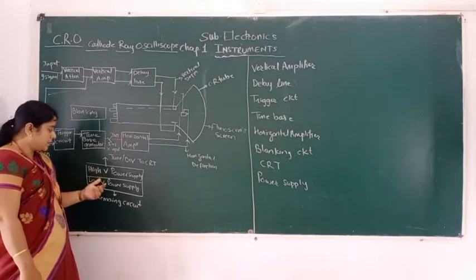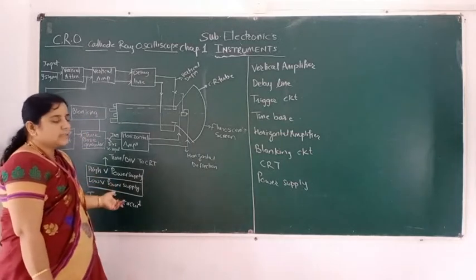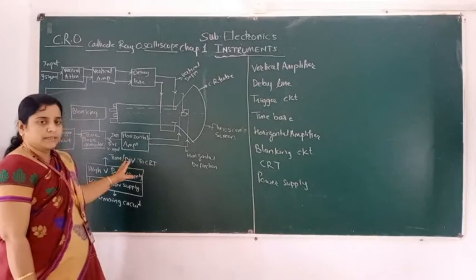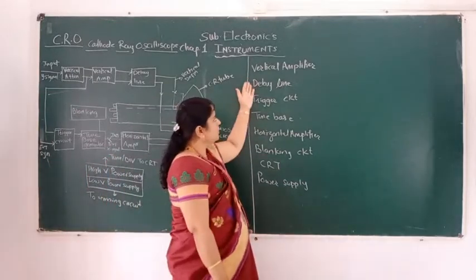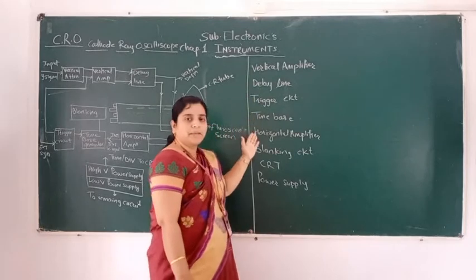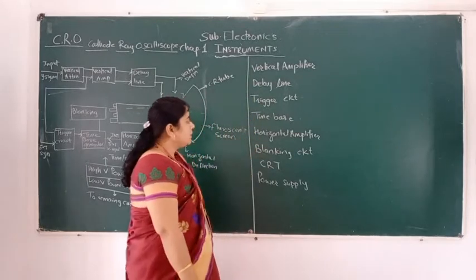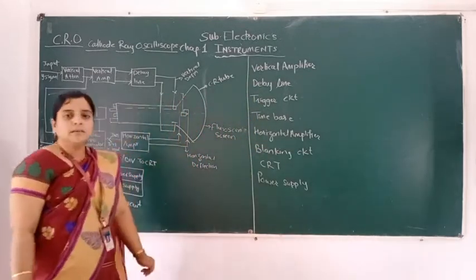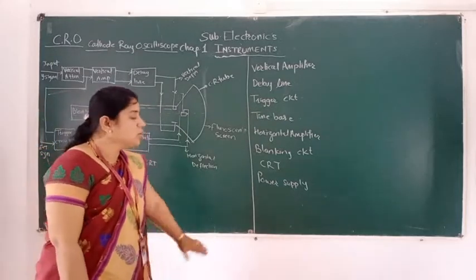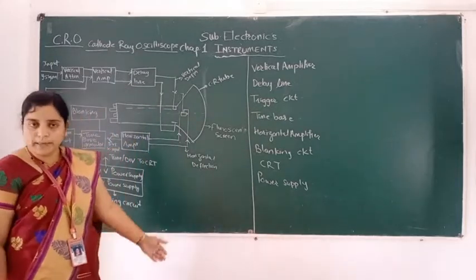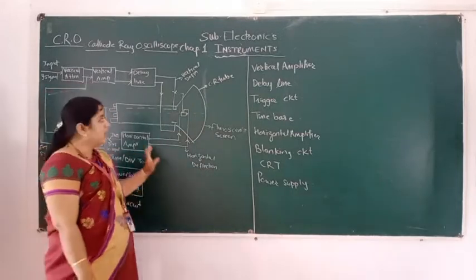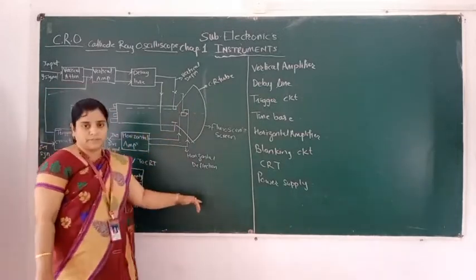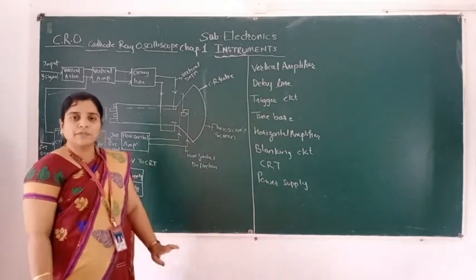Power supply is applied to the circuit. So the points I have written here: vertical amplifier, delay line, trigger circuit, time base, horizontal amplifier, blanking circuit, CRT, and power supply. This question has been asked many times: draw the block diagram of the CRO and explain the function of each. This question has been asked for 4 marks.